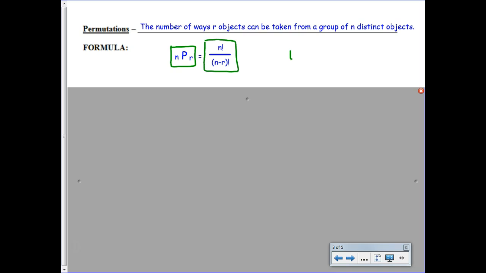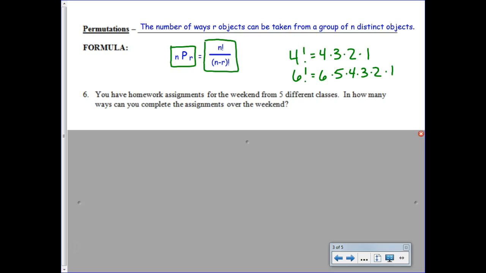If I have 4 factorial, that means it's 4 times 3 times 2 times 1. If it's 6 factorial, it's 6 times 5 times 4 times 3 times 2 times 1. So you're multiplying every number smaller than that.